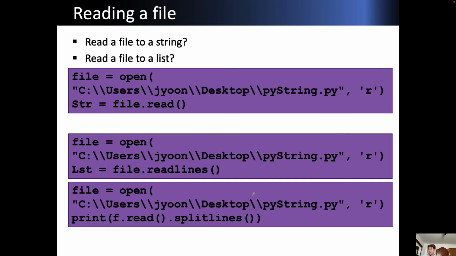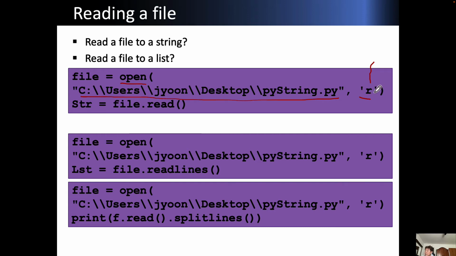Reading a file, you need to open it. As you open, the first parameter is a path expression, comma. The second parameter, if you want to read only, is quote r unquote.